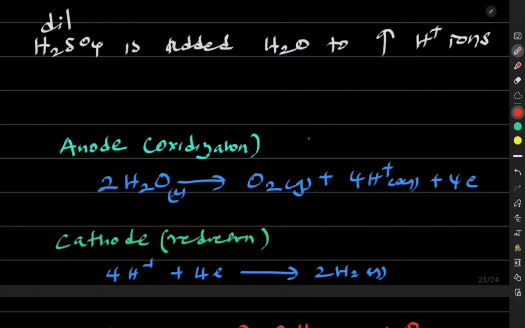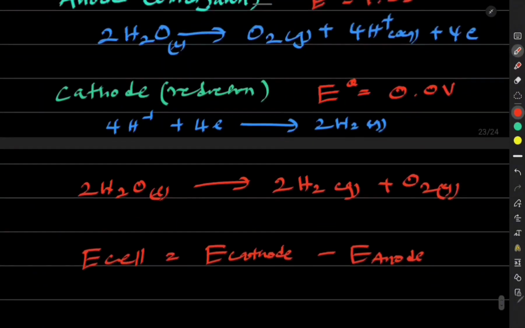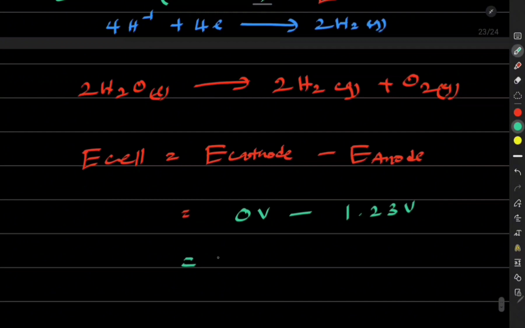For that reaction, the electrode potential is 1.23 volts. For the formation of H2 from H+, the electrode potential is 0, the standard hydrogen electrode. If we consider those, the cathode is 0 volts minus 1.23 volts. Therefore, the E cell is minus 1.23 volts, so the minimum voltage required should be 1.23 volts.